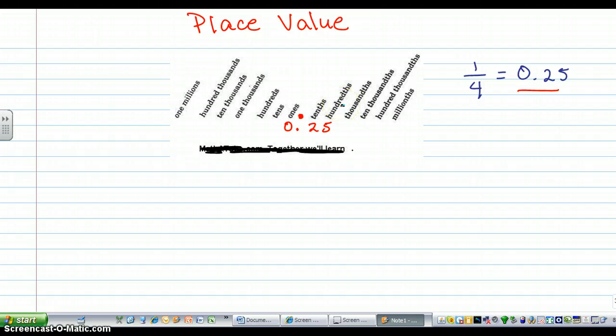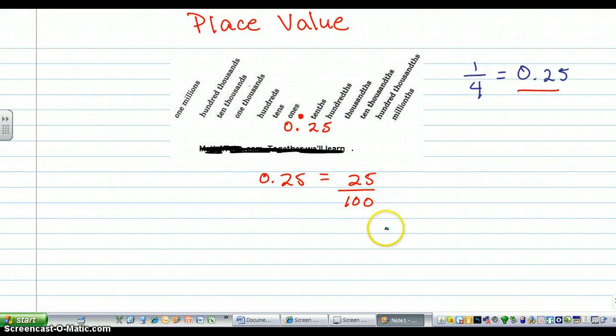So when I read this decimal, I read it as 25, and then I'd say the name that it ends in, hundredths. So 0.25 is equal to 25 hundredths. There's a fraction. We can also simplify this.